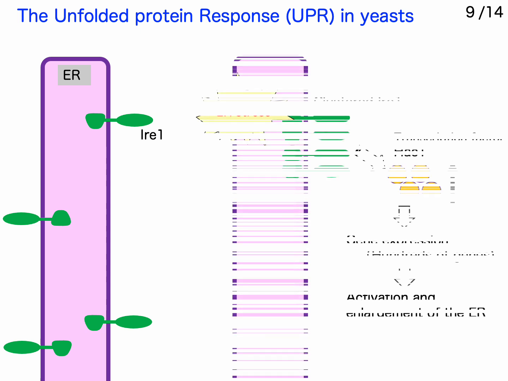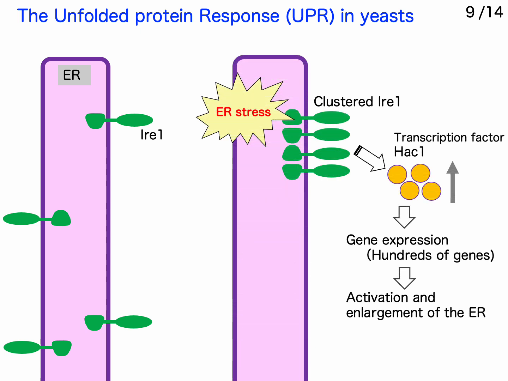However, under ER stress conditions, IRE1 molecules cluster together to form large oligomers. This results in the production of the transcription factor HAC1, which transcriptionally induces a large number of genes, leading to activation and enlargement of the ER, thereby alleviating ER stress.